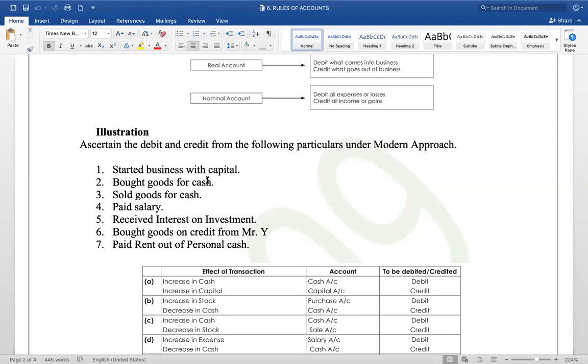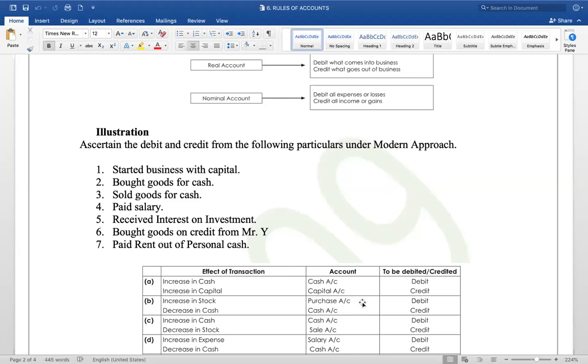Bought goods for cash. Cash is going out. What are you buying? You're buying goods, purchases. Actually it is the purchase of goods account.